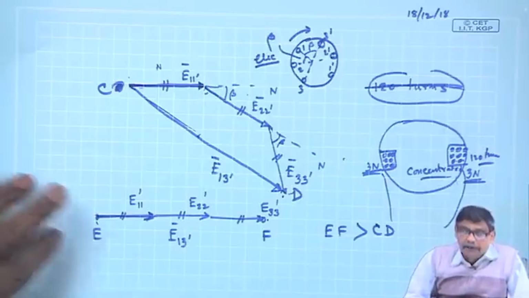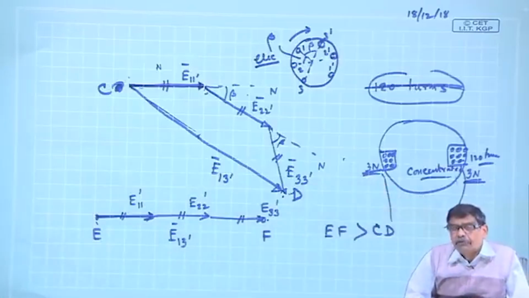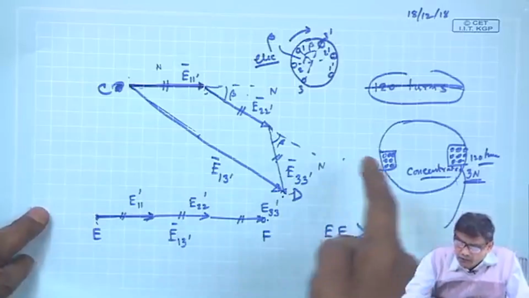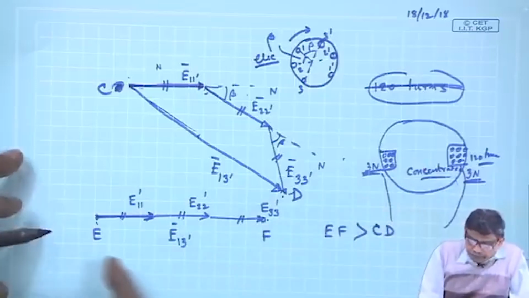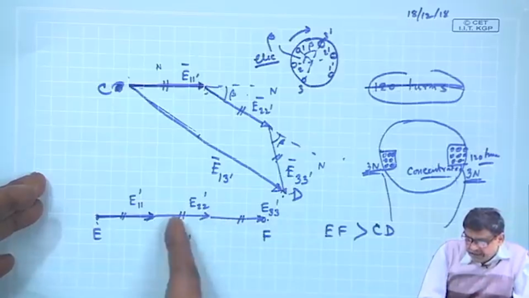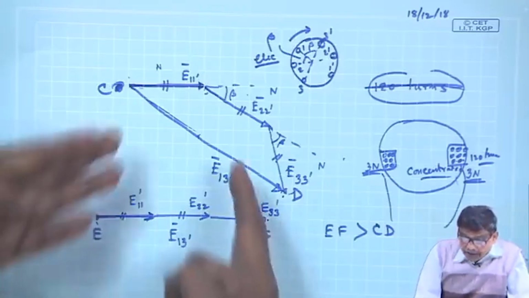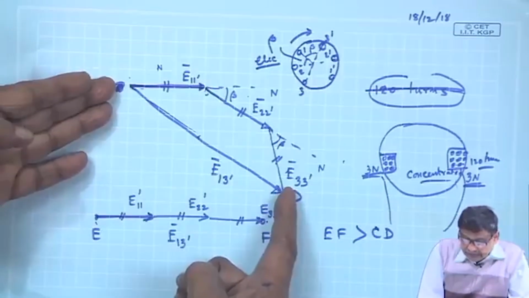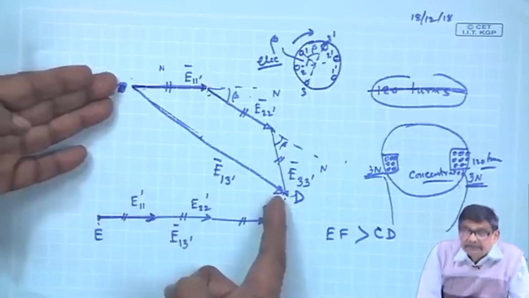Now, I must compare. Okay, for the sake of argument, let us assume that somebody insists that, no, I will go for concentrated coils. He will claim that look here, E 1 1 dash, 2 2 dash and 3 3 dash are cophasal and you get maximum voltage compared to this, because the algebraic sum of this plus this is less than this.